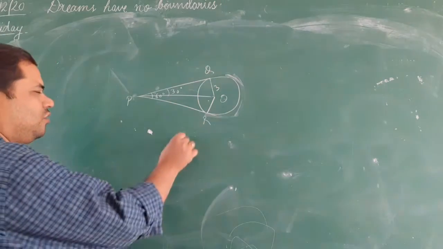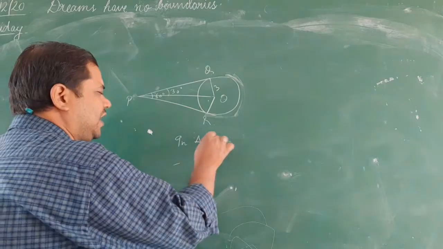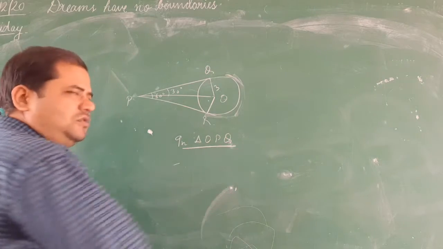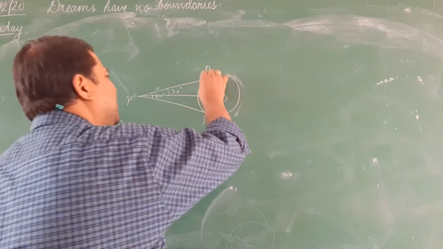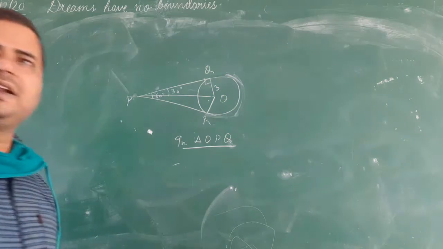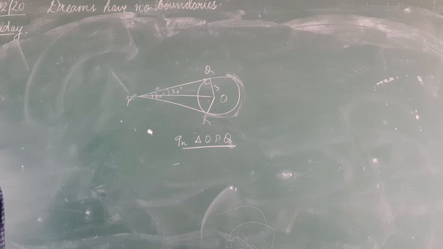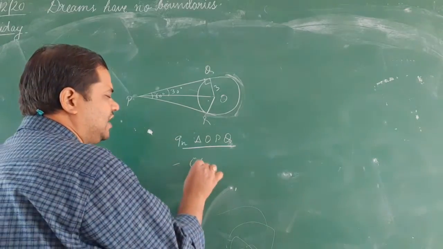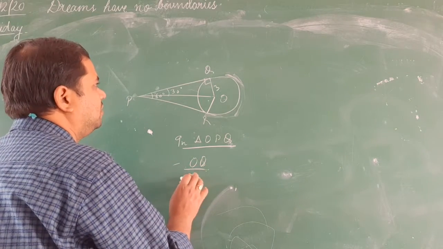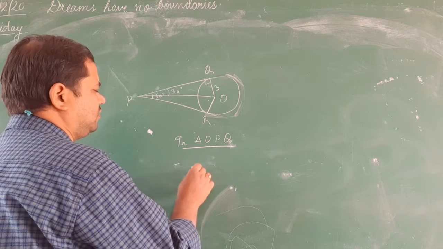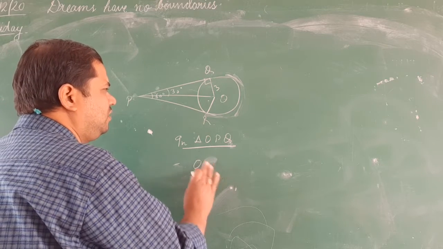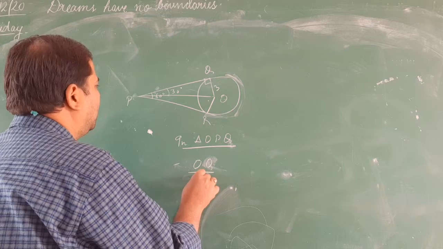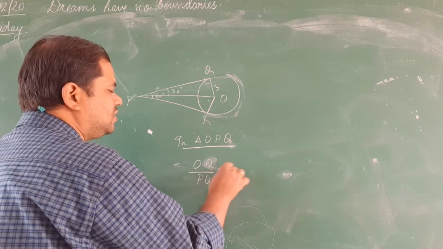So in triangle OPQ, using trigonometry, why? Because this is a 90 degree. So this is a right angle triangle. 3 as a perpendicular and PQ as a base. So perpendicular upon base, that is OQ upon PQ, this is what?